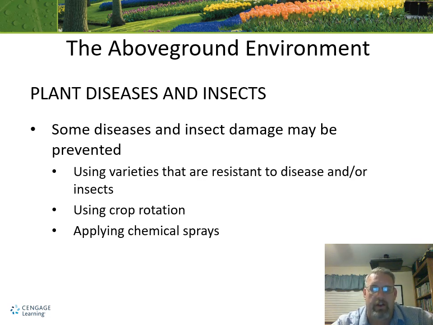There is something called the IPM approach, or the integrated pest management approach, and this is going to be utilizing monitoring and cultural practices to help maintain and minimize the effects of plant diseases and insects.